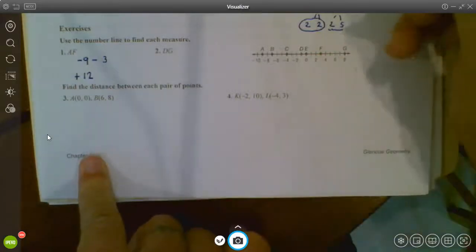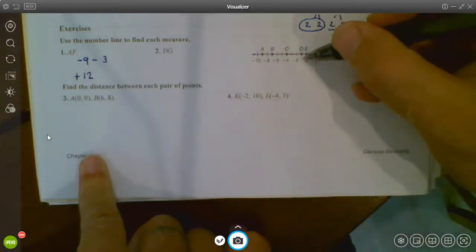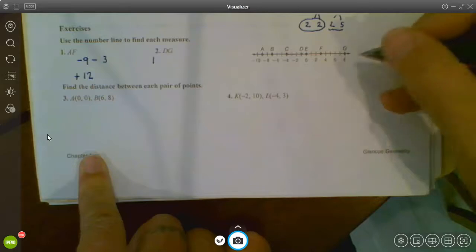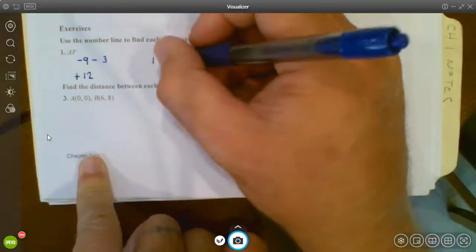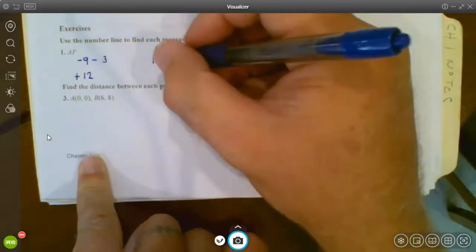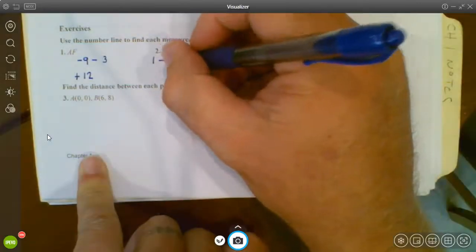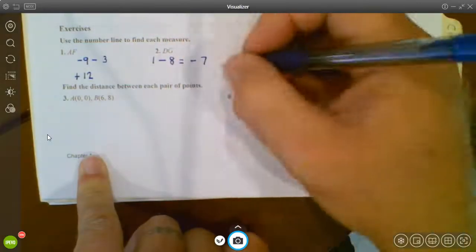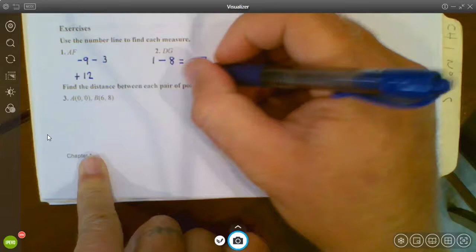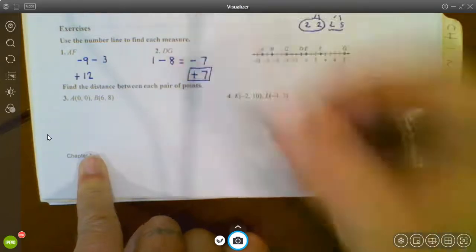So from D to G, again, you can see D is at 1. G is at 8. So 1 and 8, I'm going to find their difference to get the length, which is -7, which we would turn into a positive. So 7 units for the length of DG.